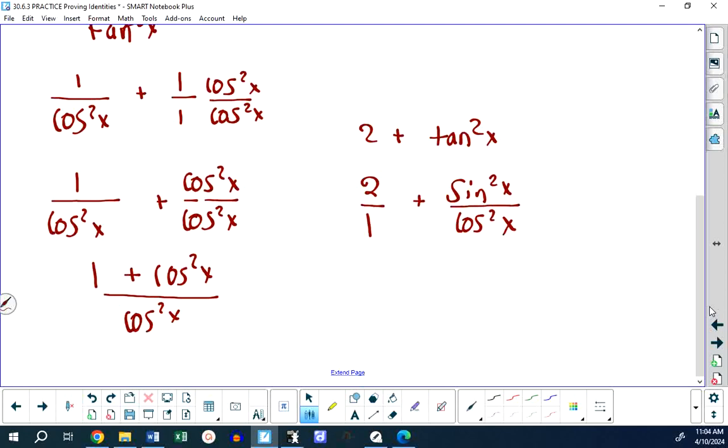And now we're going to multiply the top and the bottom of everything by cos squared of x. I'll do this in steps. Not everything, but the top and the bottom of the 2 over 1 by cos squared of x, so that we can put these things together.